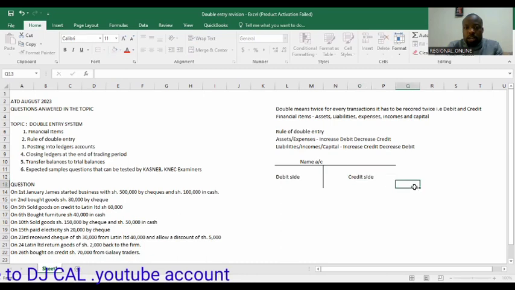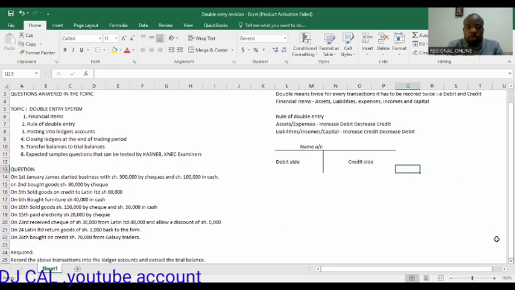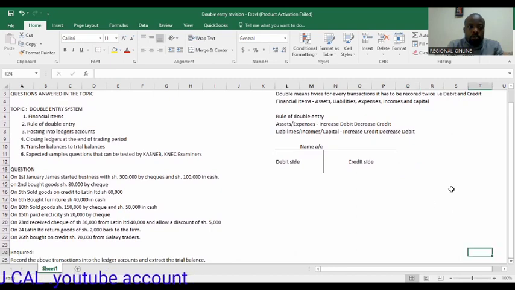So the T account is the ledger. Let's do the question so that you can see how to close them, then transfer the balances to the trial balance. That is when I'm going to explain the trial balance to you.